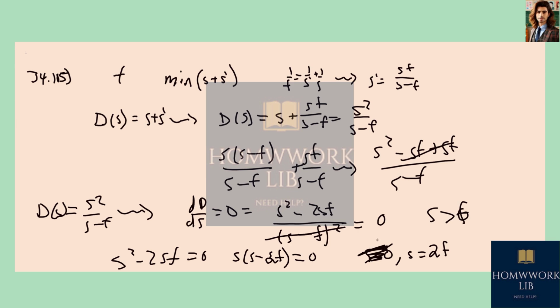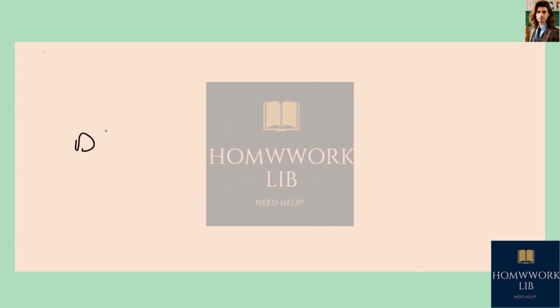So if s is 2f for our minimum, then we're going to have to plug it back into our function here. So let me add a new page here. Let me write out d of s, which we said was s squared over s minus f.